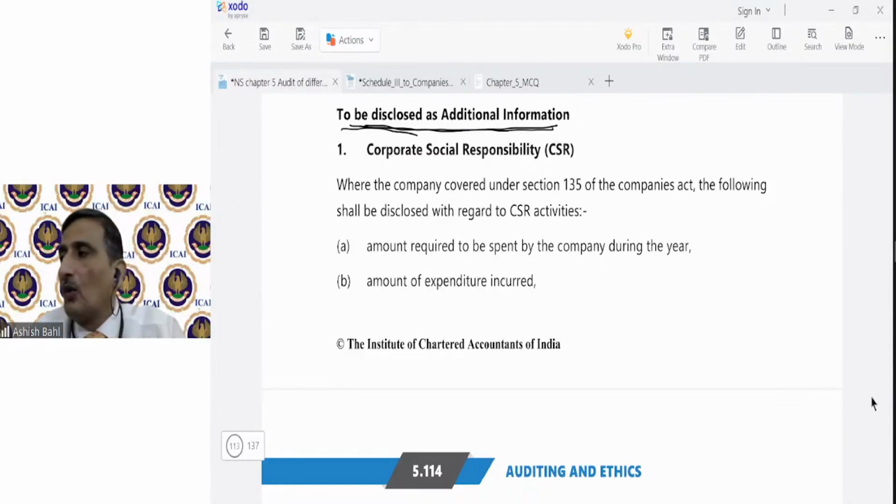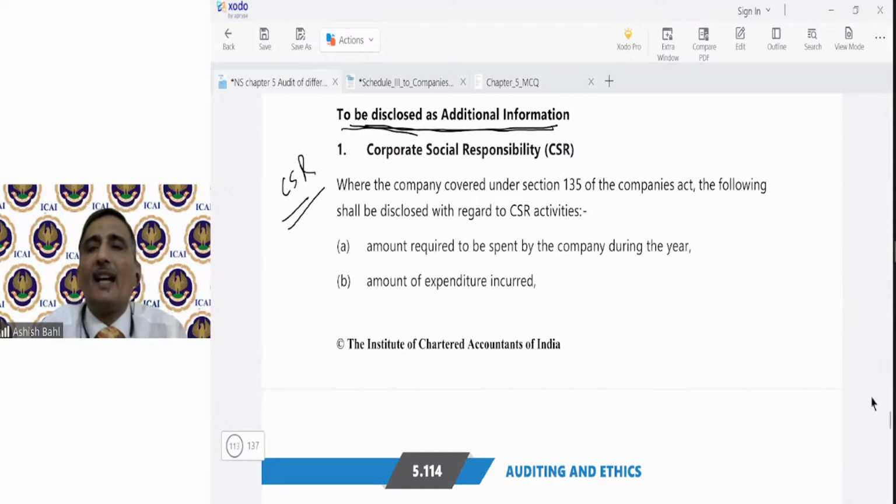To be disclosed as additional information. Now there is some additional information again to be provided in the financial statements. Now one additional information relates to corporate social responsibility.